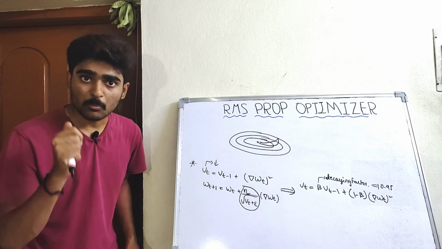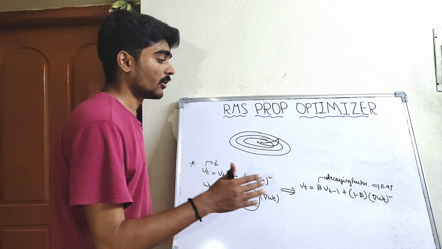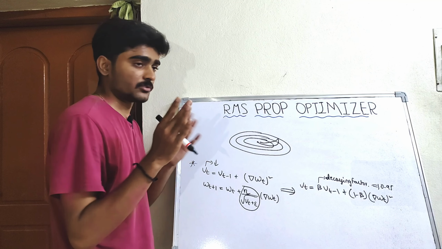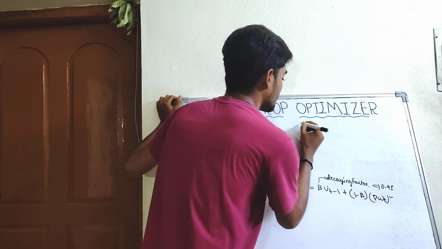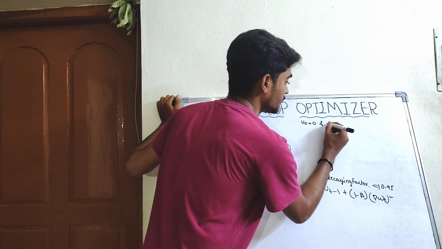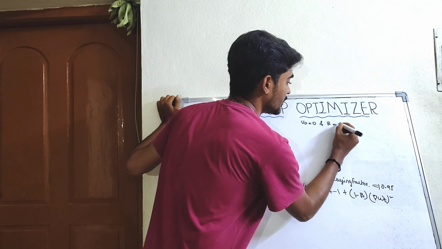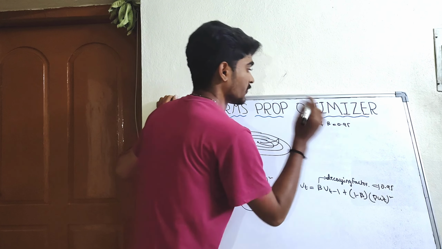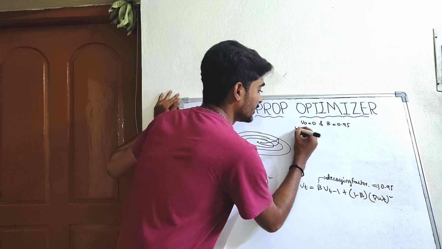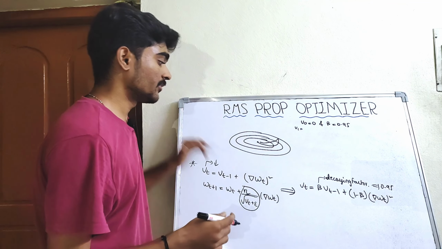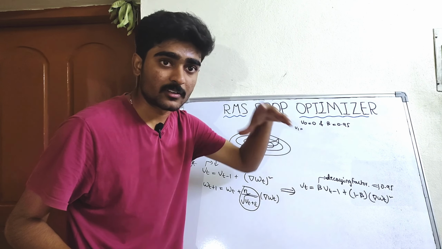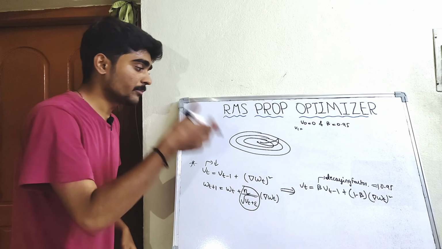Now let us see a small mathematical example of how RMSProp values work. First, let us assume V0 is equal to 0 and the beta value is equal to 0.95. These are the initial assumptions. Now let us start with V1. I am calculating this entire term so you can understand better.